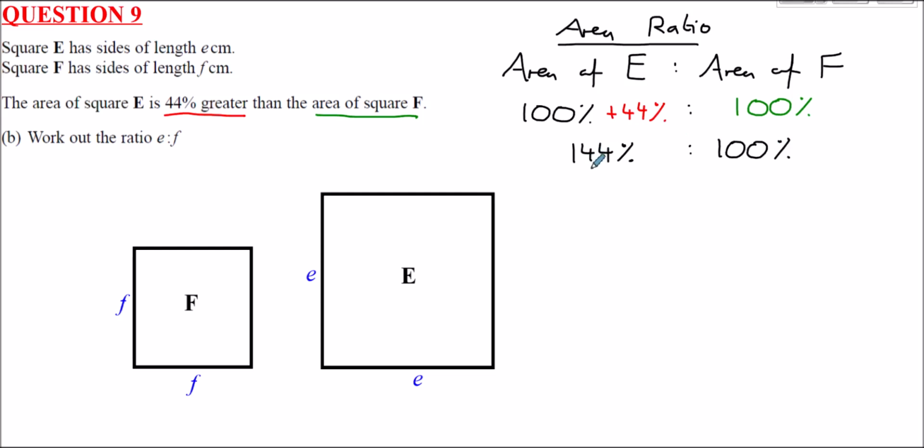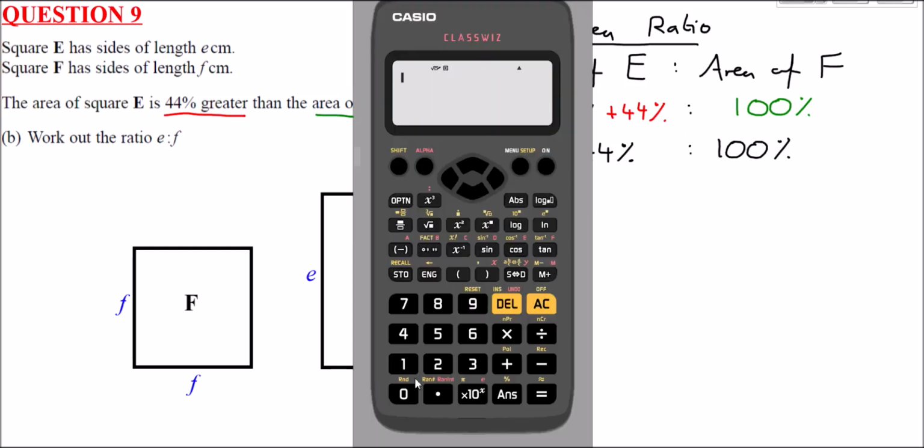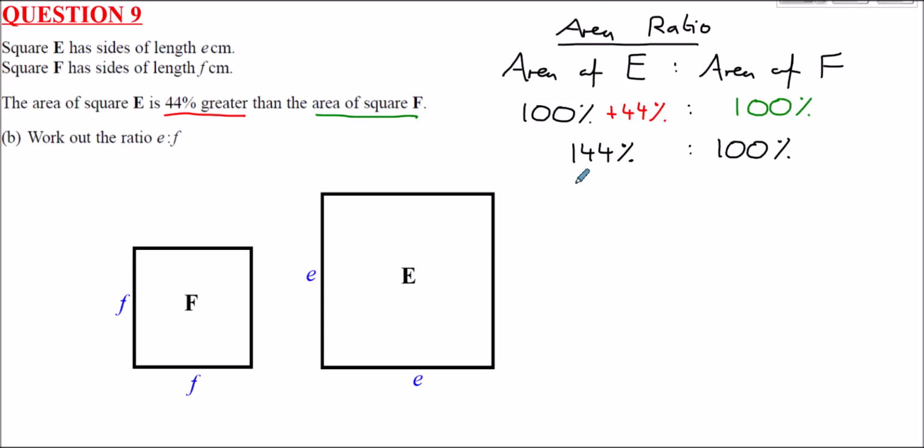We can now get these into decimals. So 144%, if we divide by 100, or just type in 144% into the calculator, I'll show you now actually. 144 shift percent equals 1.44. So we have 1.44 to 1.